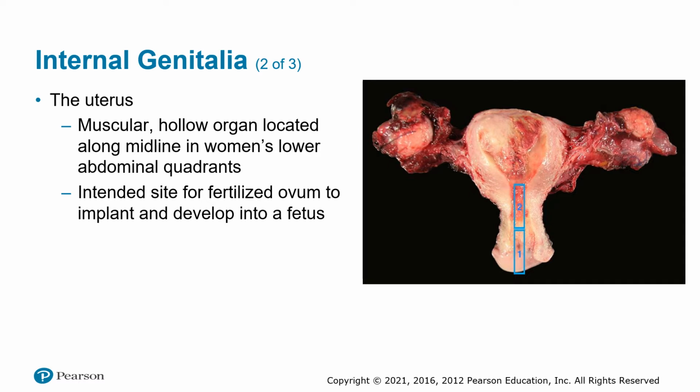The uterus is a muscular hollow organ located along the midline in the woman's lower abdominal quadrants. It's the intended site for a fertilized ovum or egg to implant and develop into a fetus.